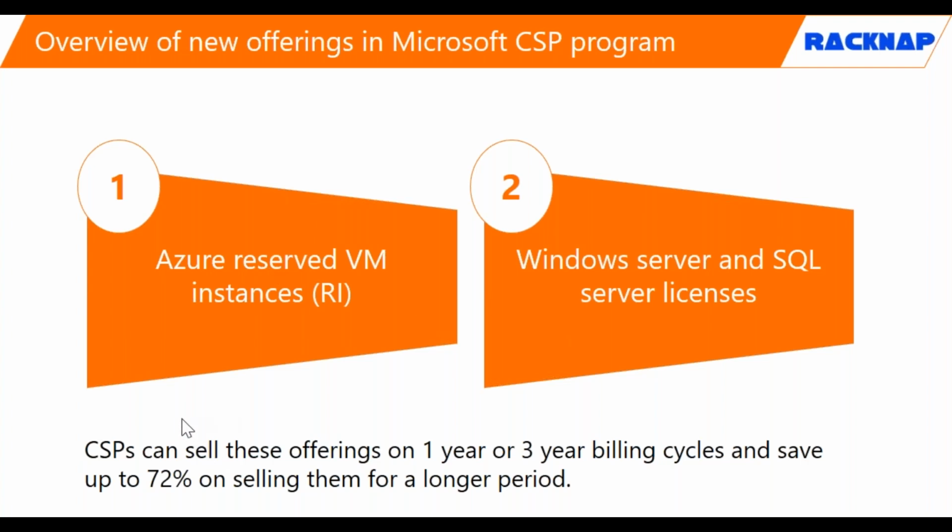Now, a calculation on the Microsoft website typically states that on a 1 year or a 3 year billing cycle, some of the savings could be as high as 72%. Okay, so this is something very, very attractive for the customers, and you as a CSP may be able to offer this to entice your customers to purchase them so that they can benefit from the savings significantly.